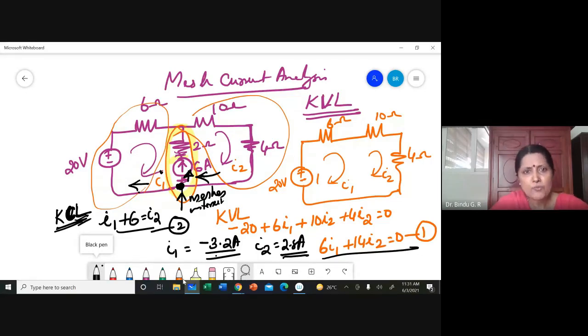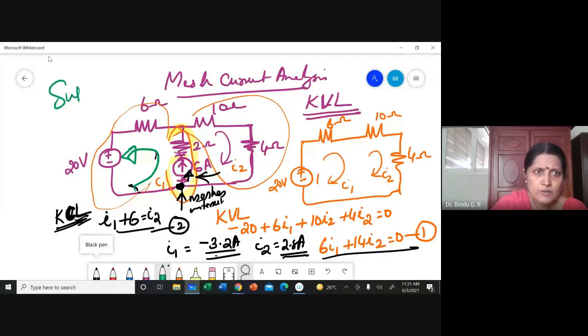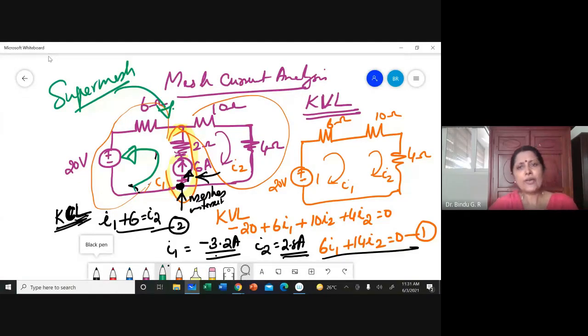Minus 3.2 means you have taken I1 in this direction, but actually in the circuit I1 will be flowing in the opposite direction. That is all. No problem. Hope this is clear. So this is called a super mesh. All these will be dealt with in the PDF that I'll be giving you.